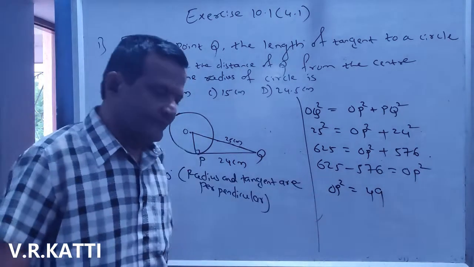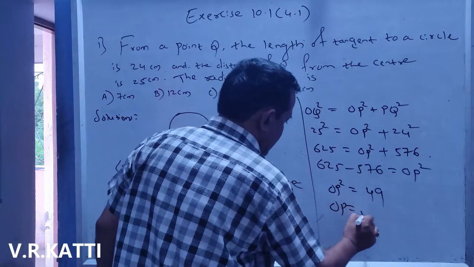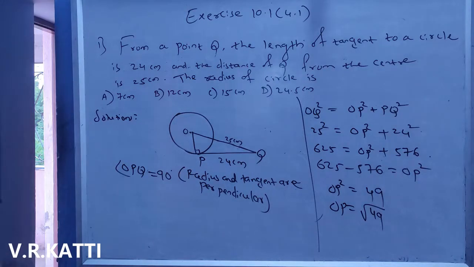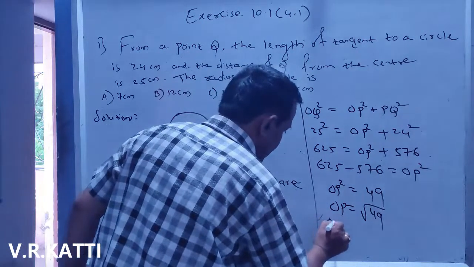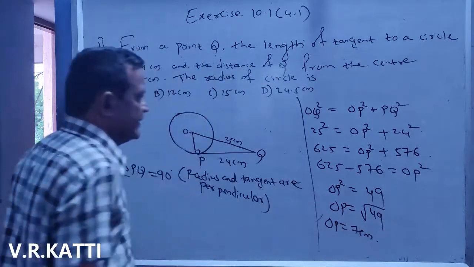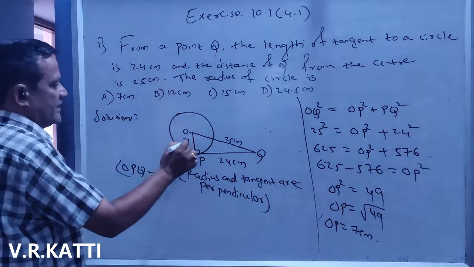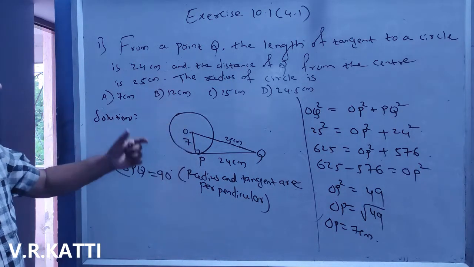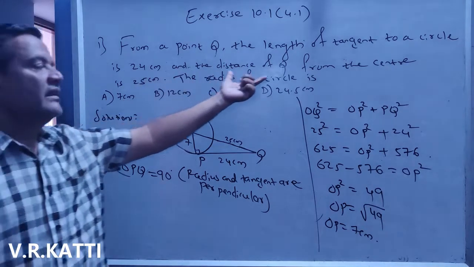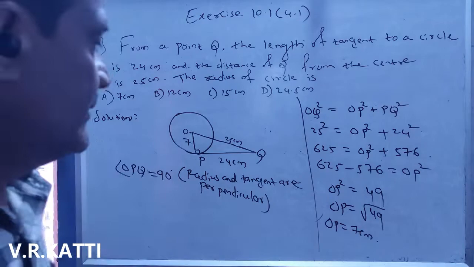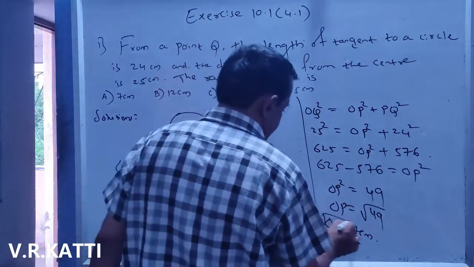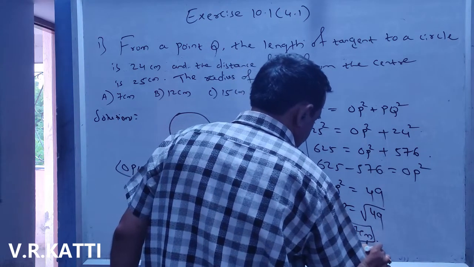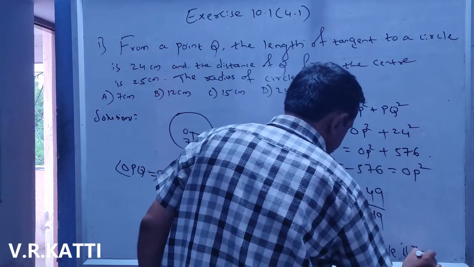So take away the square, students. It becomes root 49. 49 is the square of 7. OP equals 7 centimeters. So the radius of the circle is 7 centimeters.